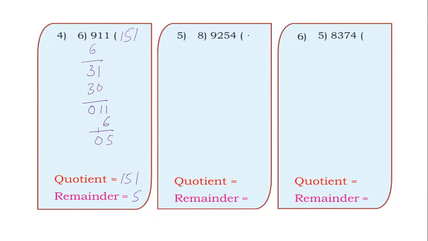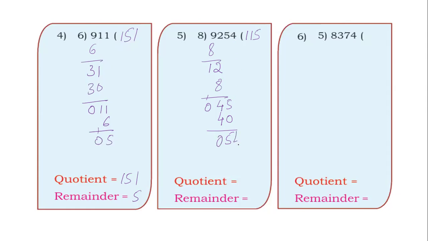9254 divided by 8. 8 ones are 8. 9 minus 8 is 1. Take this 2. 8 ones are 8. 12 minus 8 is 4. Take this 5. 8 fives are 40. 45 minus 40 is 5.